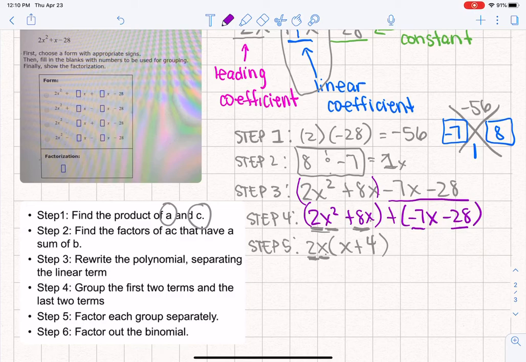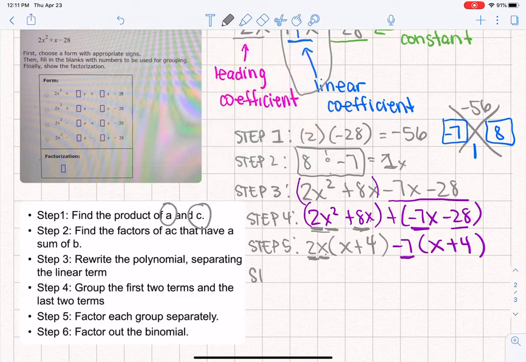Negative 7 divided by negative 7 is just 1. I didn't take out any x's, so I have x left. Negative 28 divided by negative 7 gives me positive 4, because I'm taking out a negative. So now I have a binomial. I have two parts here.